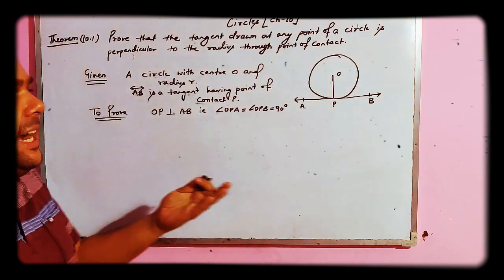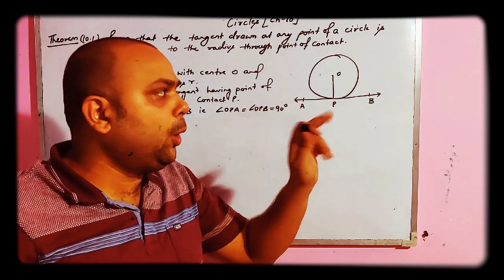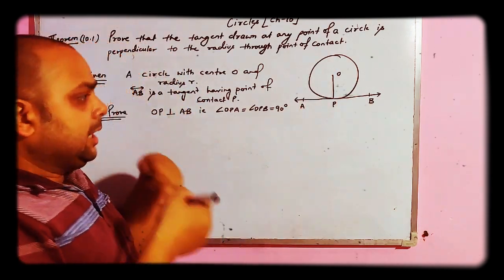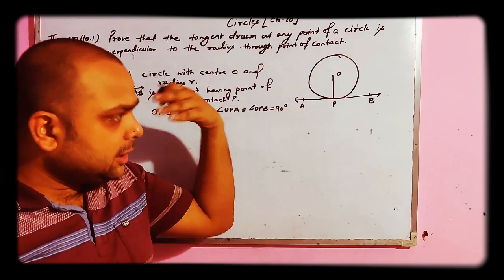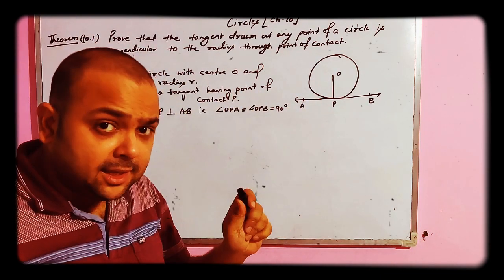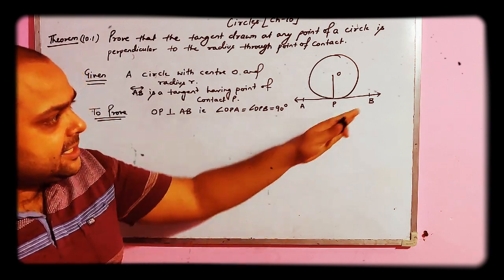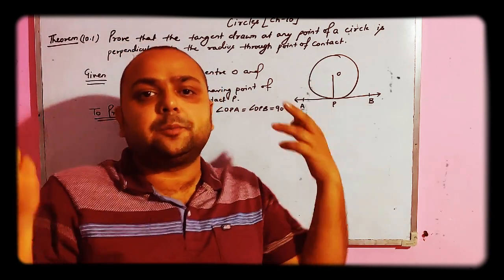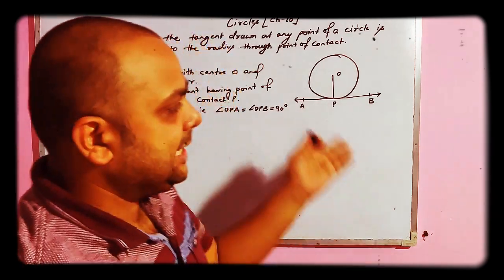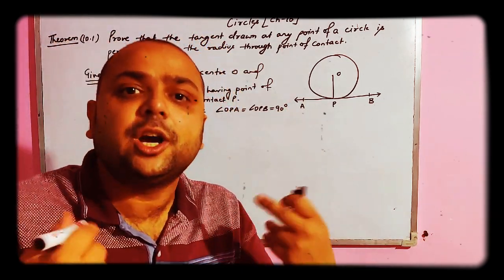Now we are given that there is a circle with center O and radius R. Also we have a tangent AB in which the point of contact is P. We have to prove that this tangent must be perpendicular to the radius, or we can say the radius must be perpendicular to the tangent, as both are mutually perpendicular to each other.